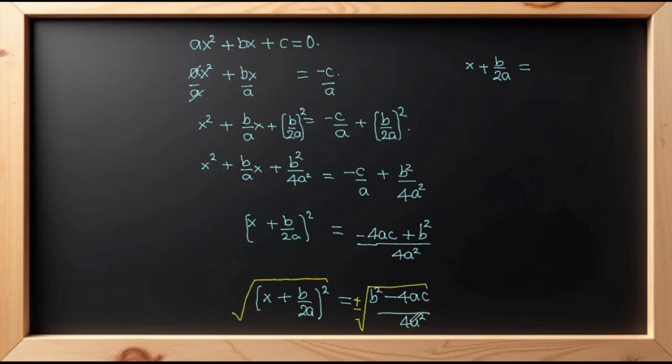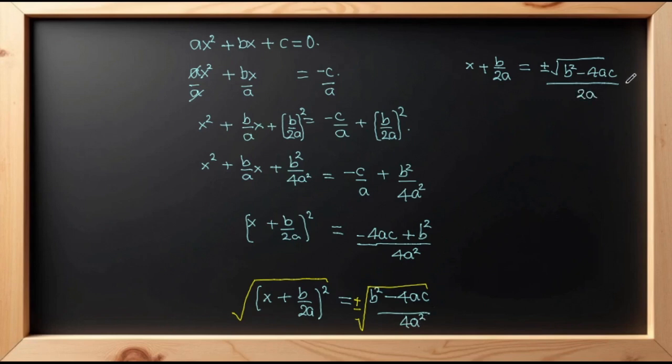Since we're dividing, we can split this square root into numerator and denominator. So we shall have plus or minus the root of b squared minus 4ac over, now the square root of 4a squared is 2a.